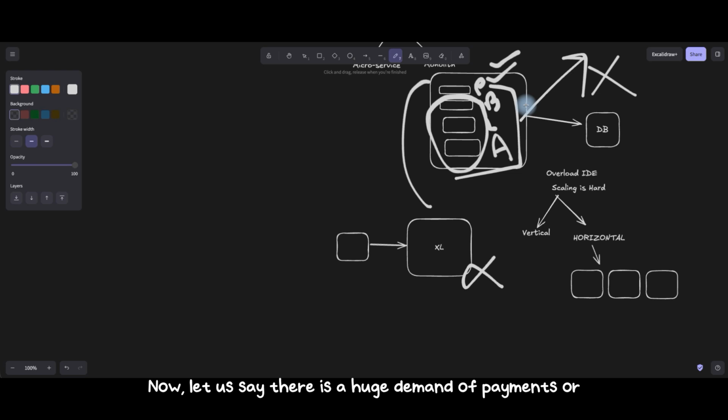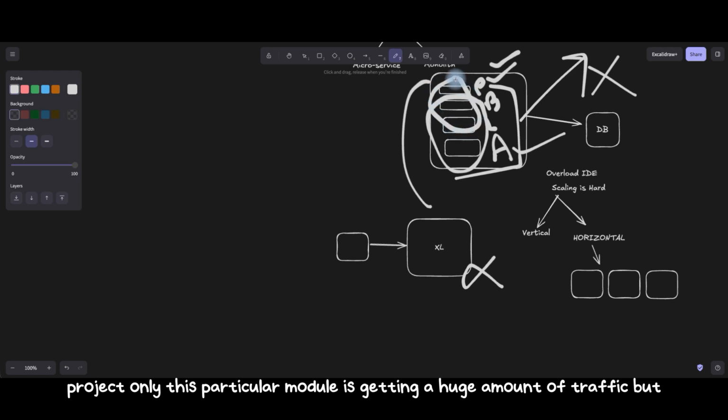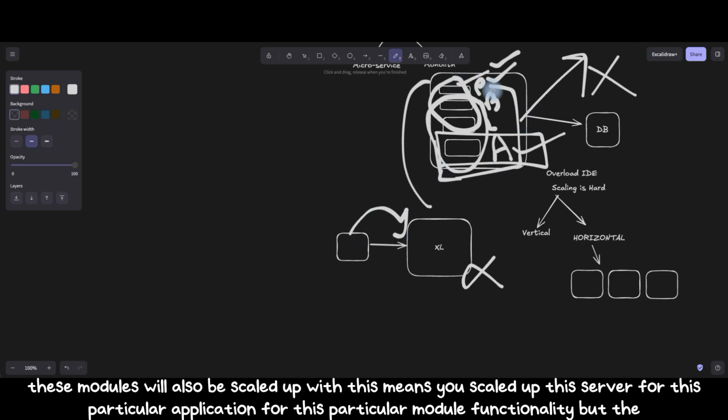Now let's say there is a huge demand for payments, or anything. Let's say a lot of accounts are getting created, which means out of this whole project only this particular module is getting a huge amount of traffic, but this server is not able to handle it. So you have to scale it up, you have to move from this to this, but the other modules will also be scaled up with this.